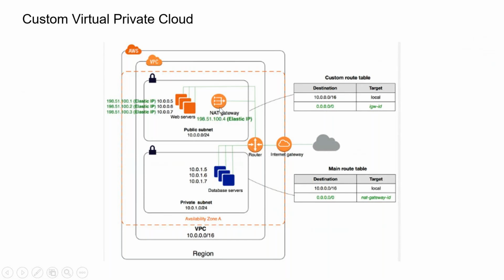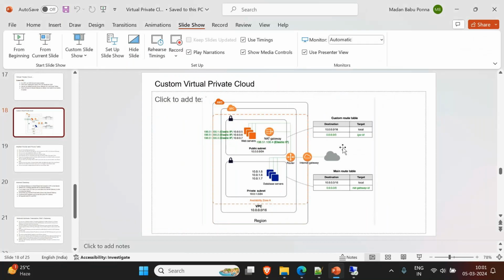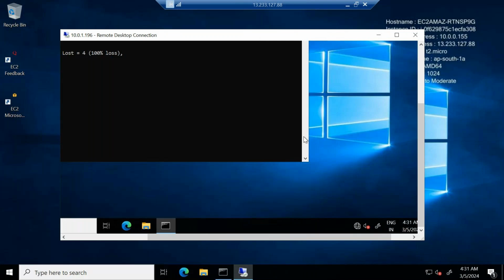When you create the NAT gateway, you have to create it in the public subnet, and then the entry of this NAT gateway should be added in the main route table of the private subnet. If you do these two things, then automatically the ping will work, and the internet will be enabled here.